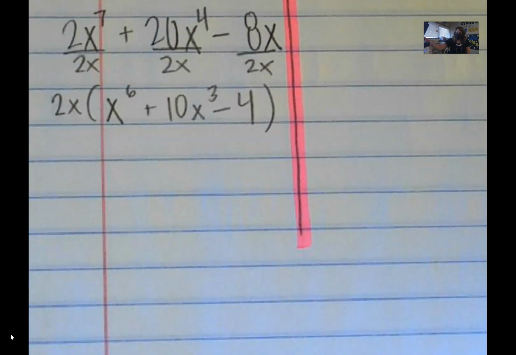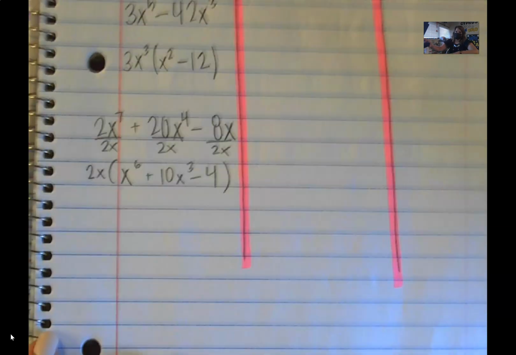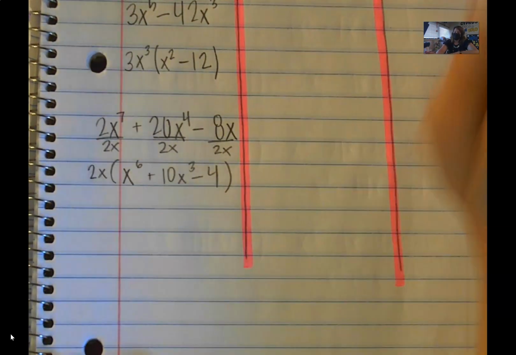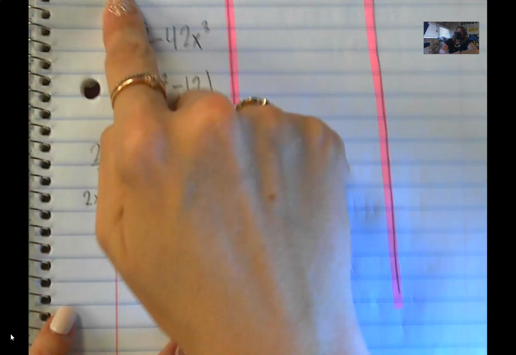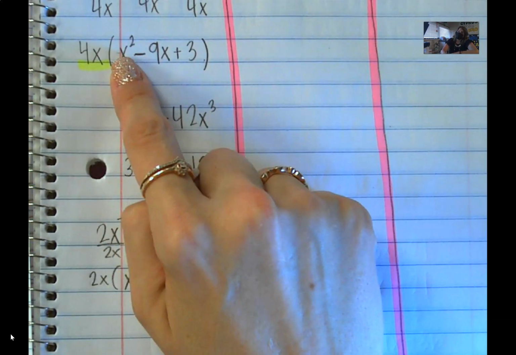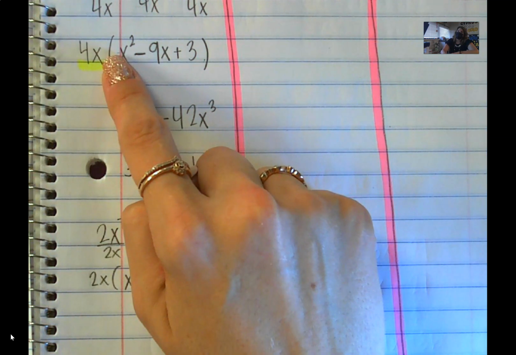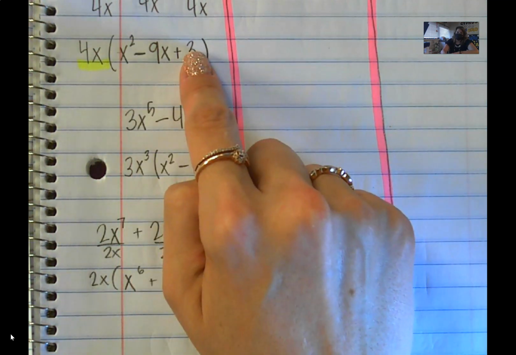And then before we go on to the trinomials, I just want to highlight that the whole reason that we want to factor out that GCF is so that you end up getting something in the parentheses that does not have a number on the front or a letter on the end.